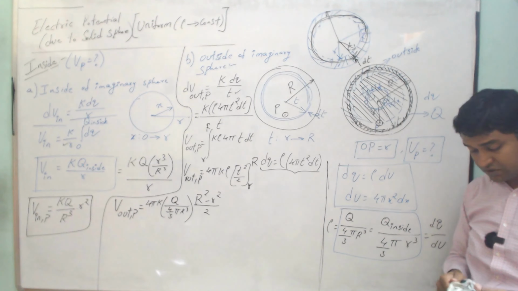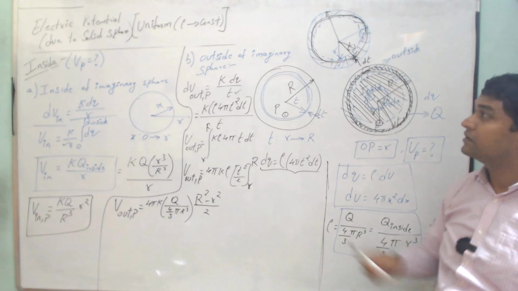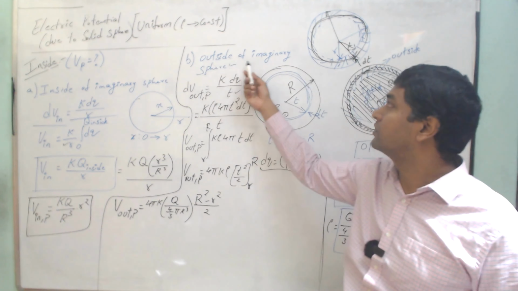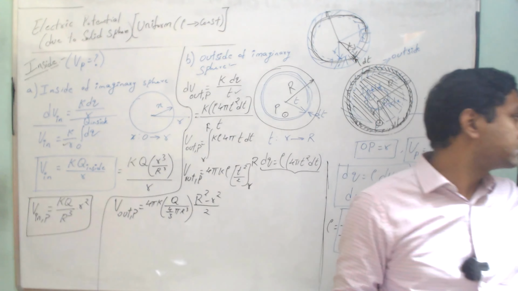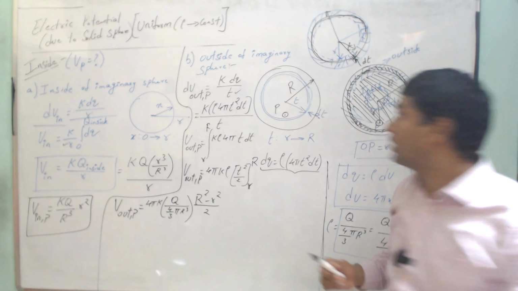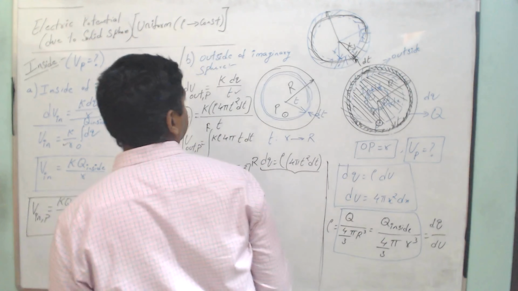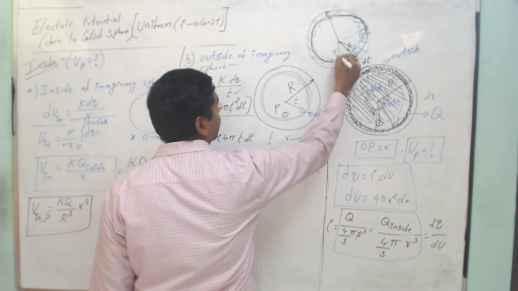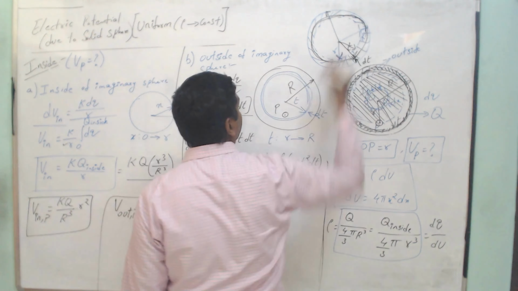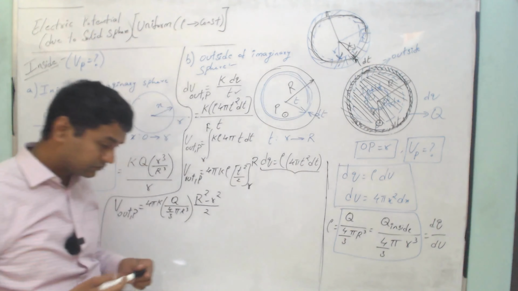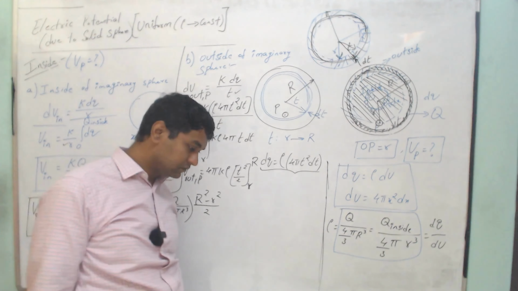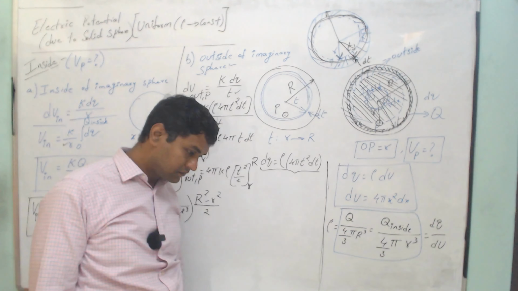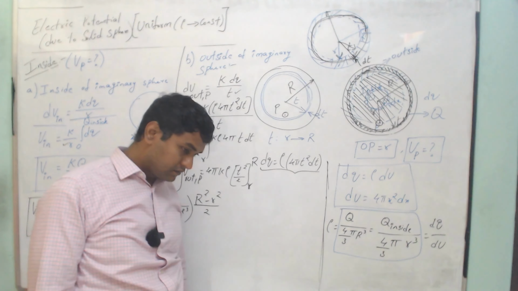Because that is only defining the outside part of the imaginary sphere. So my imaginary sphere started at r. Sir, if you do capital R minus small r, then you get the region's radius.